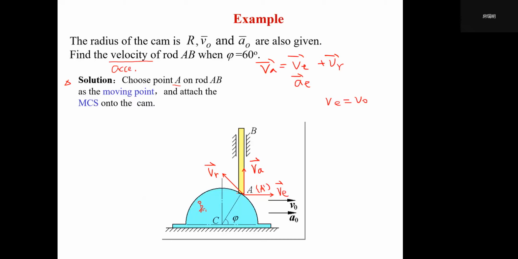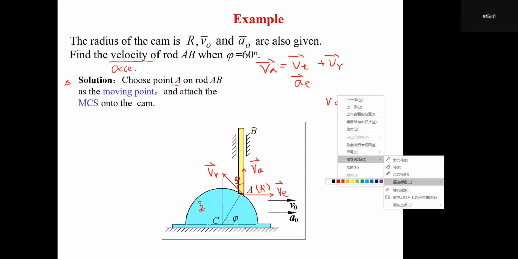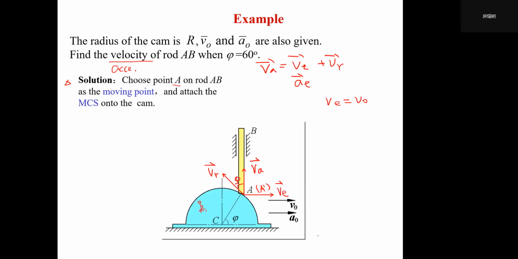You guys can see this angle. This line is perpendicular to this line, right? And this VR will be perpendicular to this line. So actually this angle should be phi. That means our three velocities will constitute a triangle.